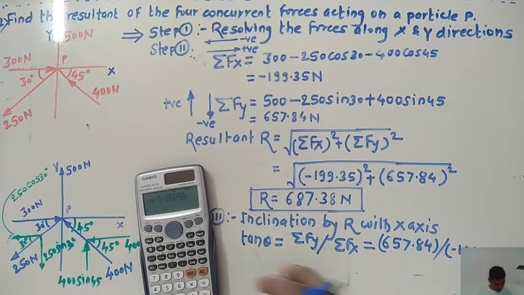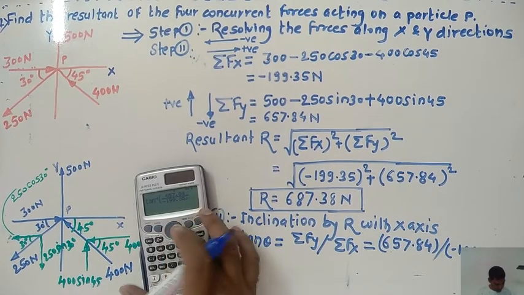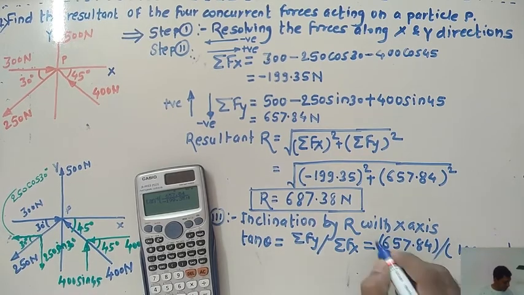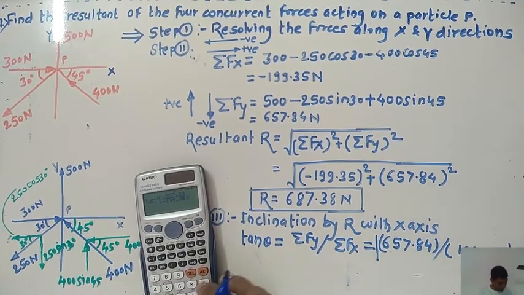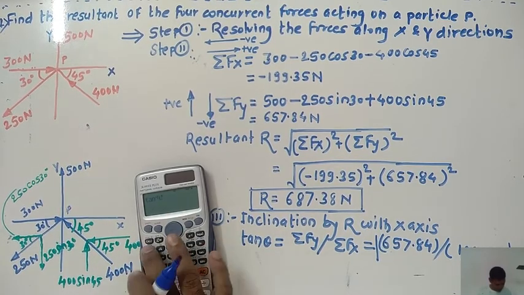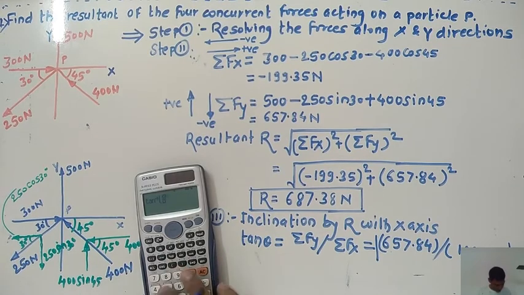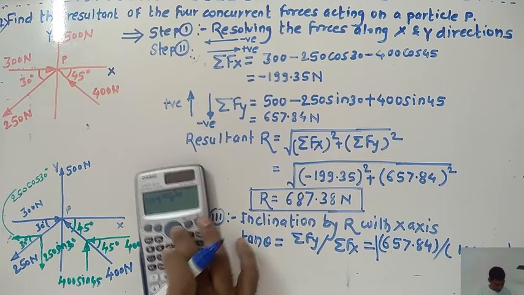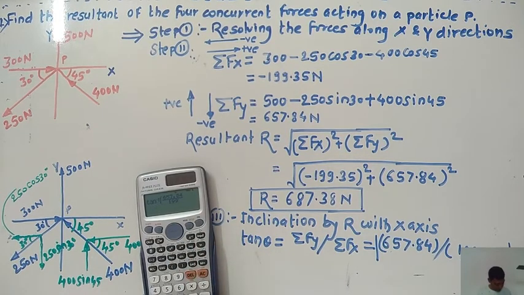While doing the calculations regarding this one, always remember that you need to put this in modulus sign, so that we can get the value as a positive value. And the negative sign given here, we'll use to decide the quadrant afterwards. Before that, just get the value for the tan inverse of 657.84 divided by 199.35.